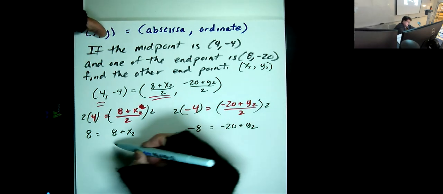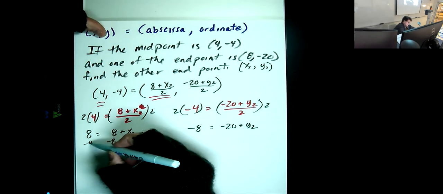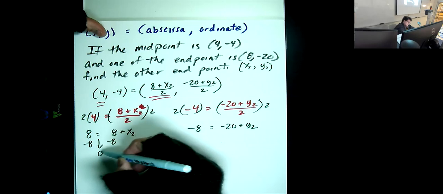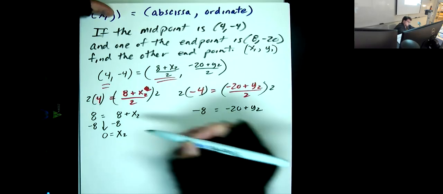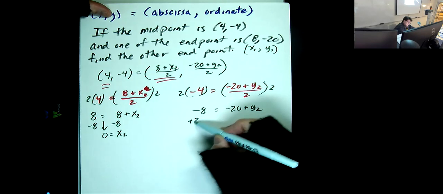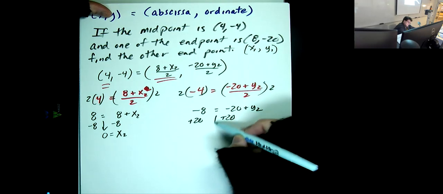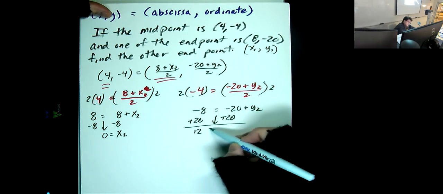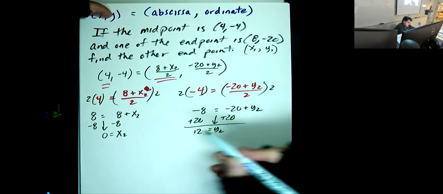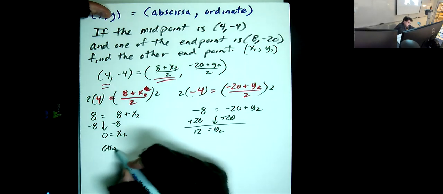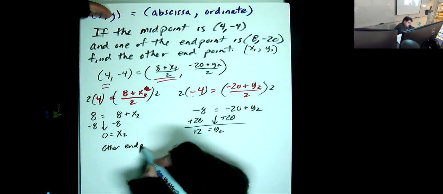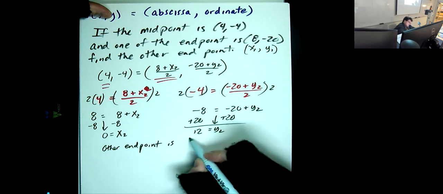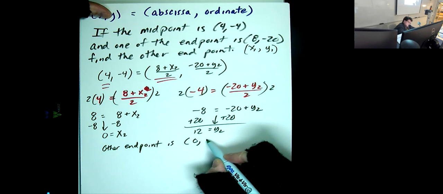Now if I solve for x, I get 0 equals x2. If I add 20 to both sides here, I get 12 equals y2. So the other endpoint is 0, 12.